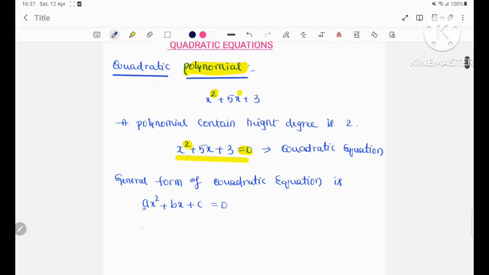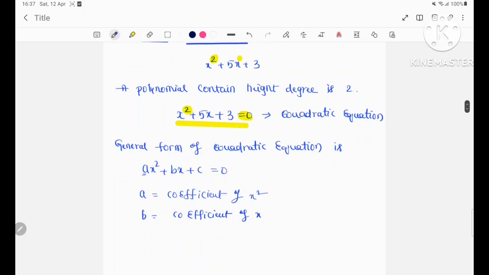Here a is called the coefficient of x square, b is called the coefficient of x, and c is called the constant term. And here the condition will be a not equal to 0, and a, b, c belong to the real numbers. Why is a not equal to 0 here?